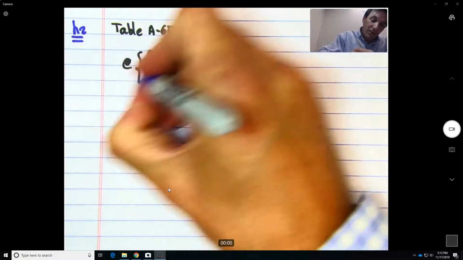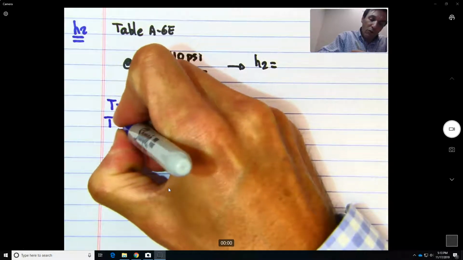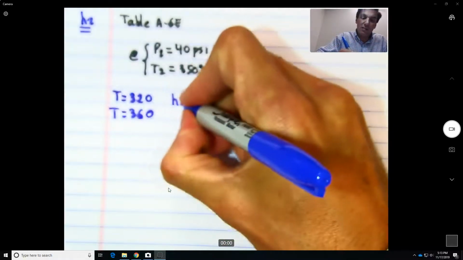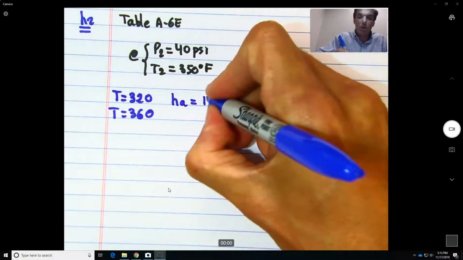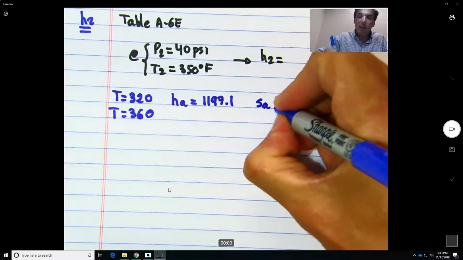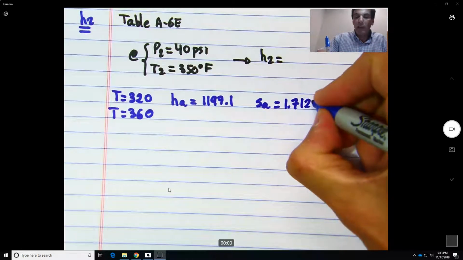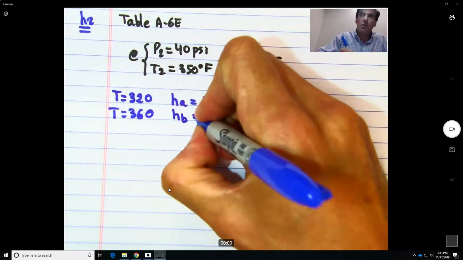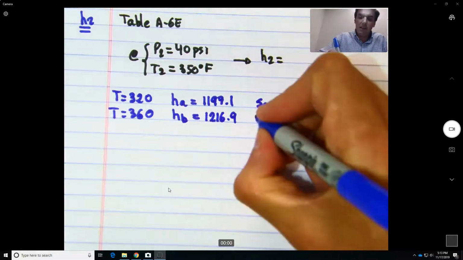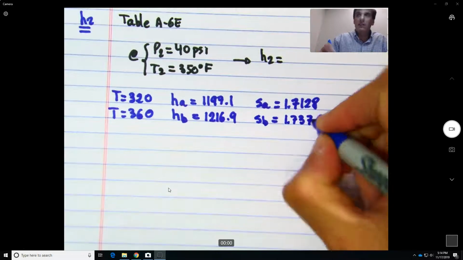So for T equal 320, T equal 360, we have H, let's say this would be H sub A equal to 1197.1, and S sub A, let's call it that way, would be 1.7128, H sub B 1216.9, and S sub B is 1.7376.